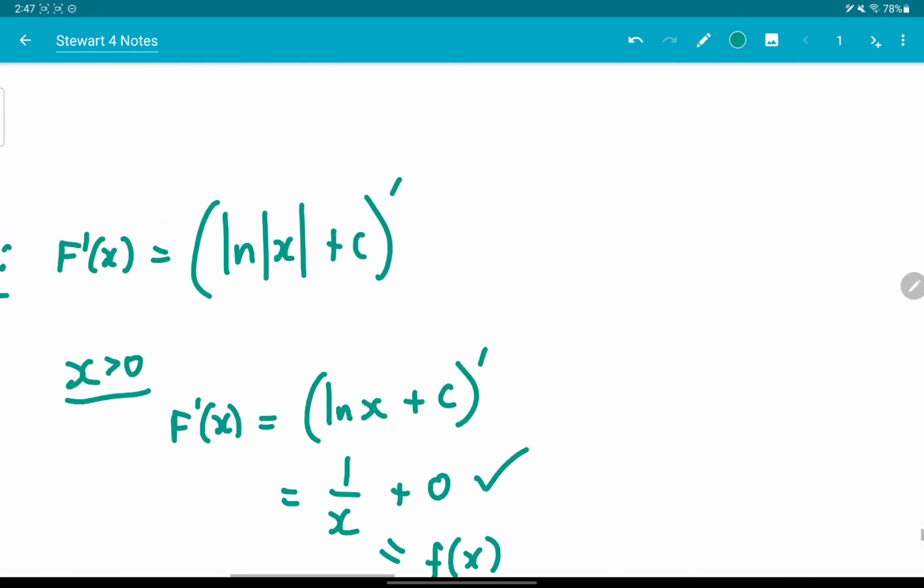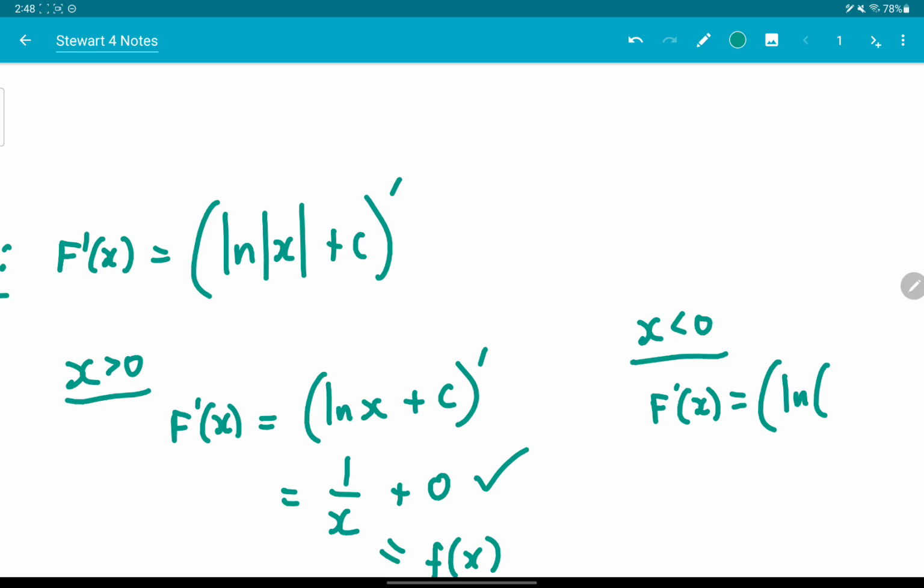Now I should check the other case to make sure this still works. F prime of x is, now the absolute value does something different.